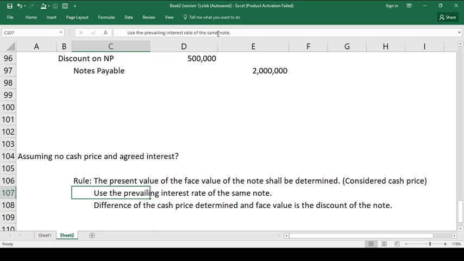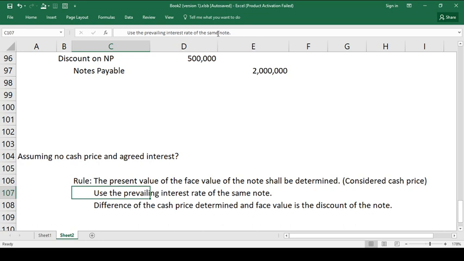The obligation to pay a certain value of money, or simply using the prevailing interest rate of the same note. Kung may kaparehong note yan in the industry, yun din ang pwede nating gamiting interest rate for the purpose of discounting the face value of the note, which is a non-interest bearing note.